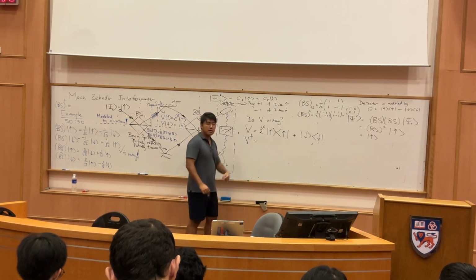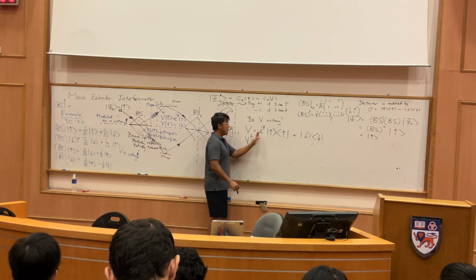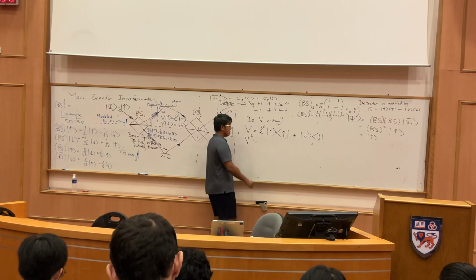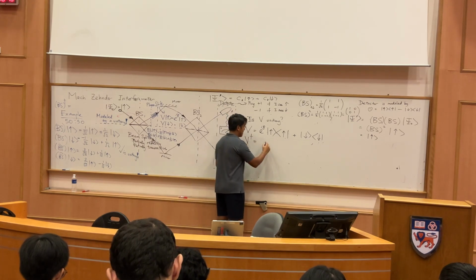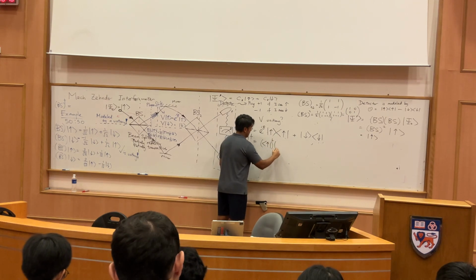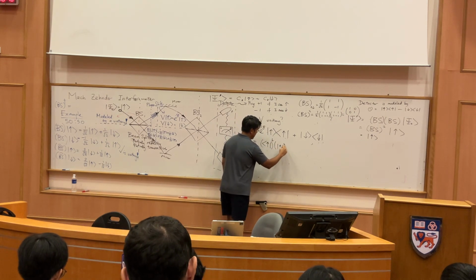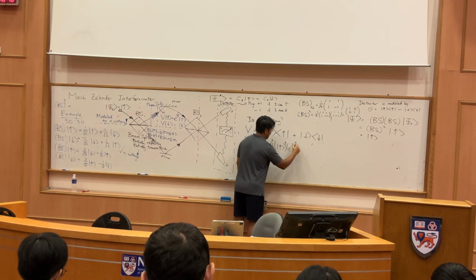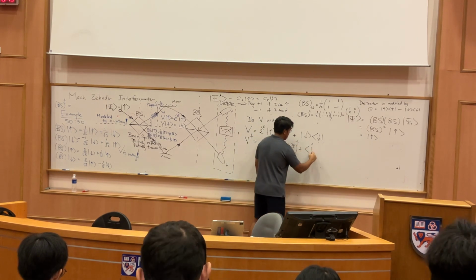If I do a dagger here, I apply a dagger to everything, but I swap the ordering. So if I do it step by step, I get this: up dagger, down, up dagger, and e to the power i phi dagger, plus down.